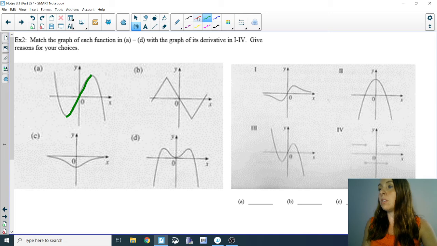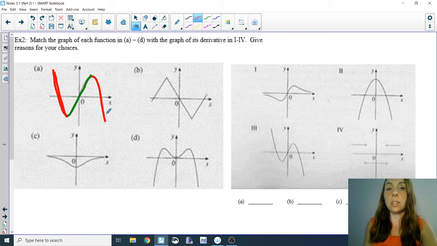Okay, also, I'm going to do a little bit more highlighting with this graph before I tell you which one matches. I can see that there is a decreasing section here and a decreasing section here. I'm making it look linear and it's not, I'm sorry. Okay, decreasing interval means that I should have 2 intervals in the same place, the same intervals here and here that are below the x-axis, that are negative on the graph of the derivative.